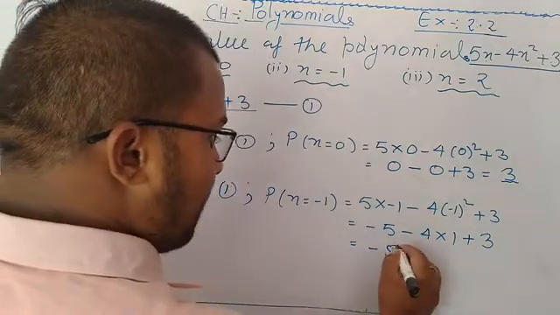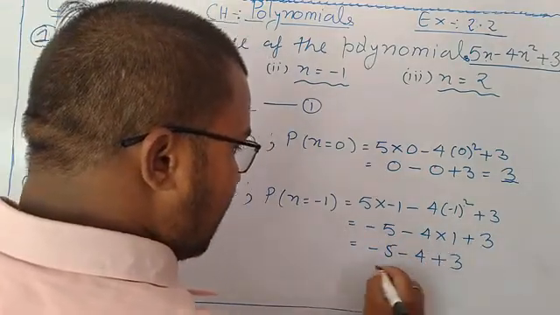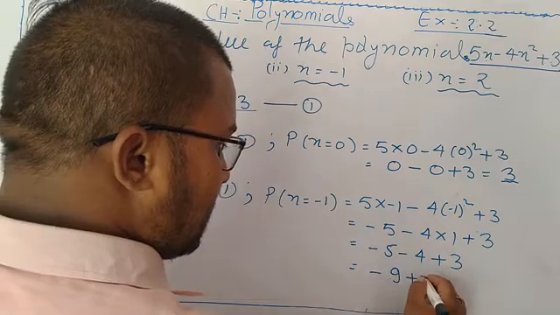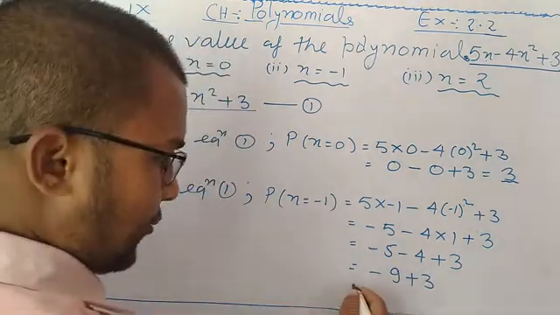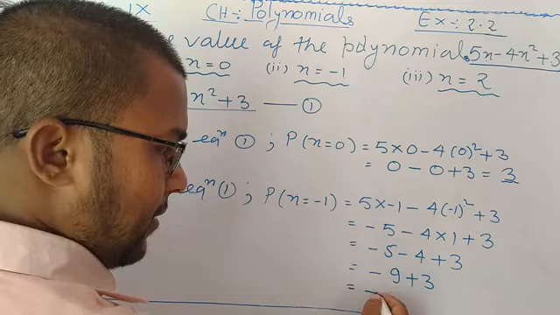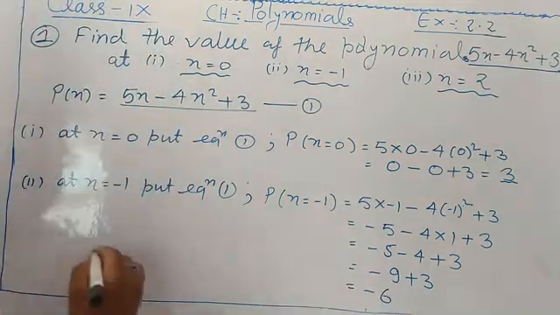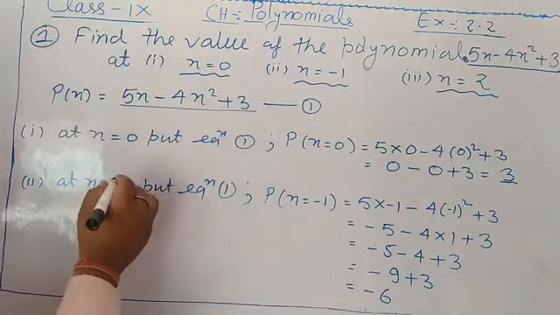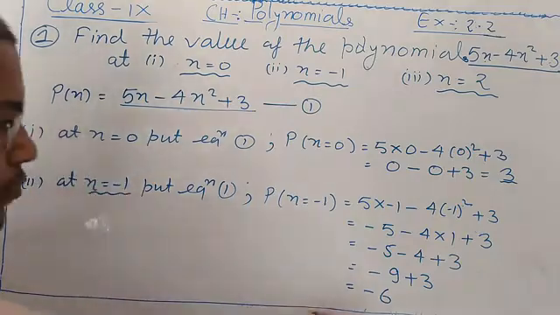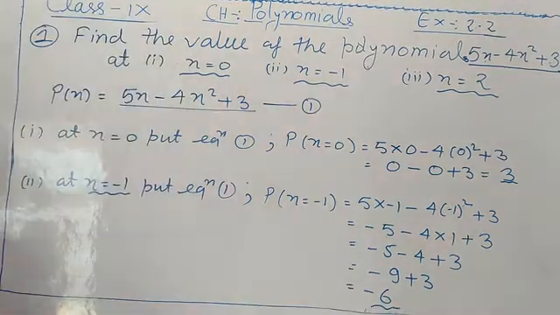Minus 5 minus 4 is minus 9, plus 3 is minus 6. The value of the polynomial at x is equal to minus 1 is minus 6.